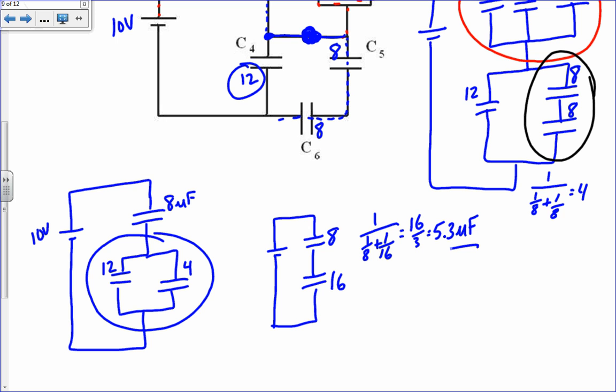So that is my equivalent capacitance, 5.3 microfarads. I can replace all of those capacitors with a 5.3 microfarad capacitor.